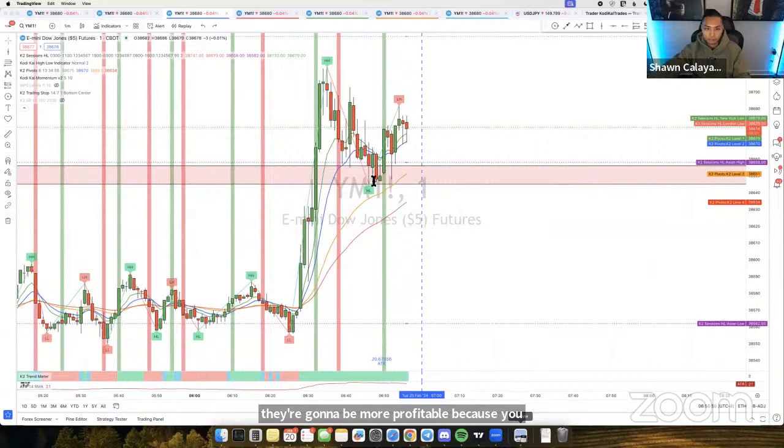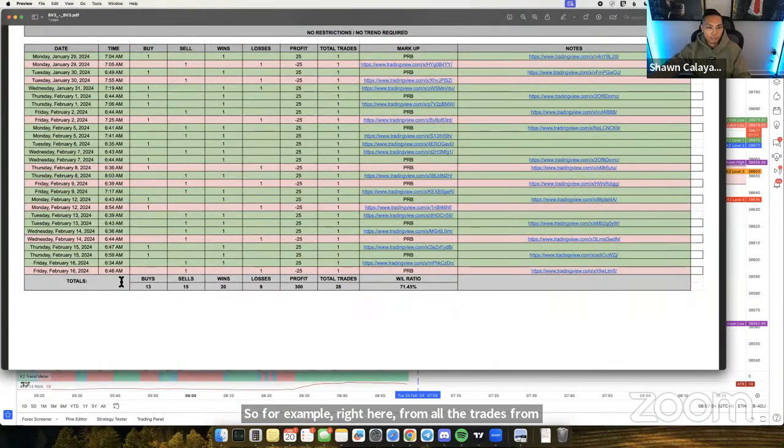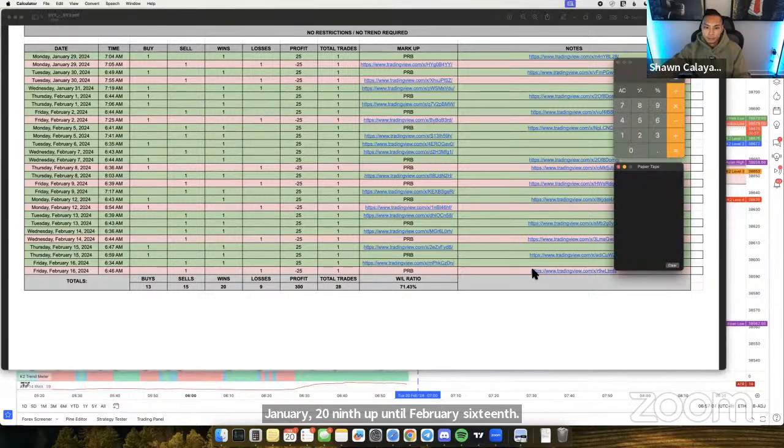Over here, I pulled the data. So for example, right here, all the trades from January 29th up until February 16th are documented from our back test. There's a 300-point profit so far. So if we took those losses today, this would just be knocked down to 250, right?